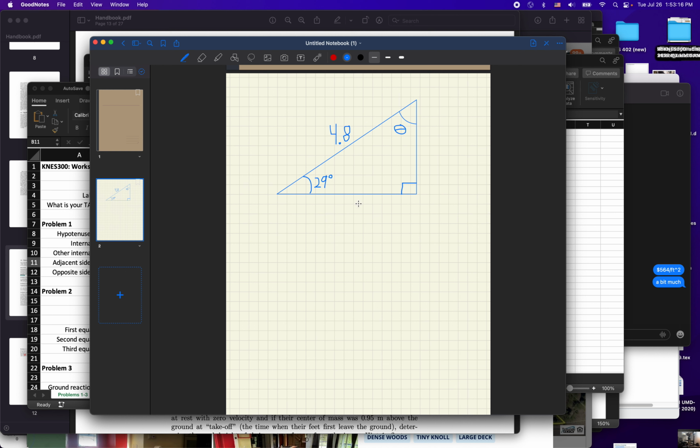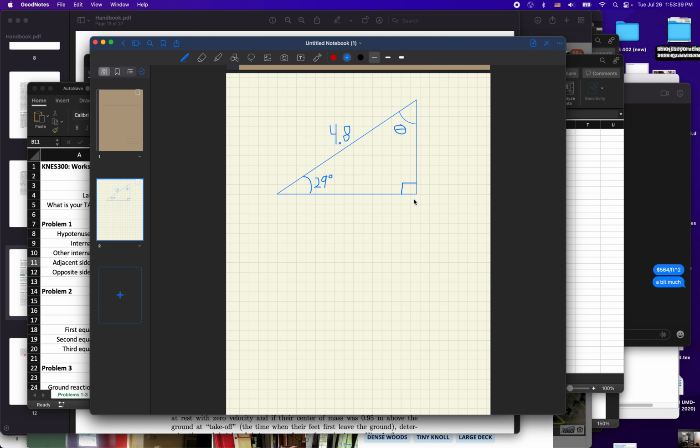The long side is my hypotenuse, and then I've got these two shorter sides. Okay? One of these sides is called the adjacent side, and one of them is called the opposite side. Now, which one's opposite, which one's adjacent? Those terms are in reference to a particular internal angle of this triangle. You need more information to specify that.